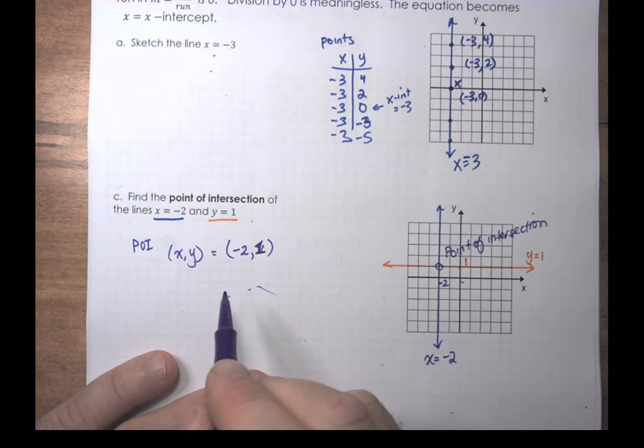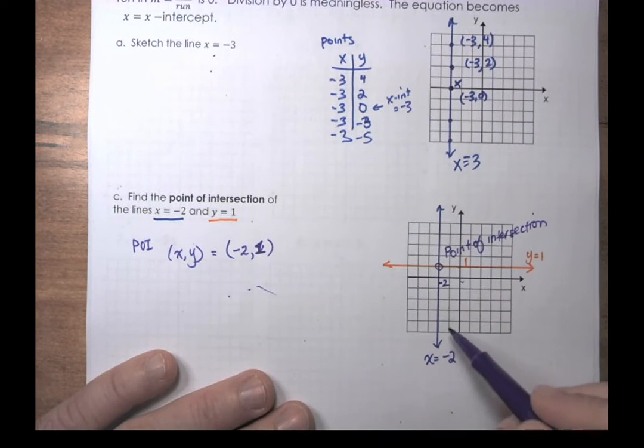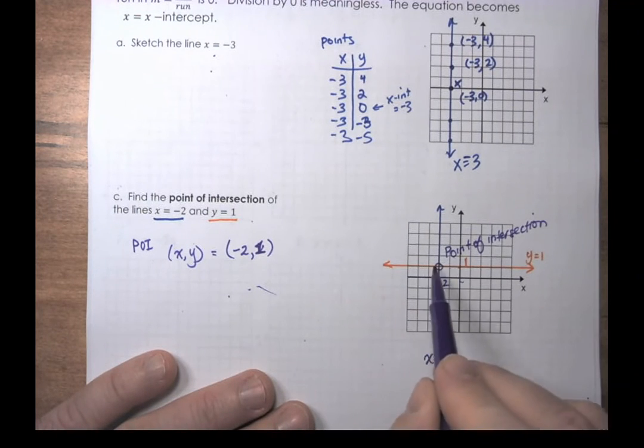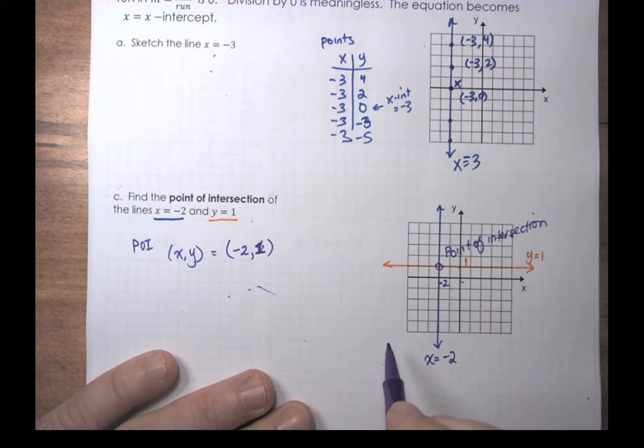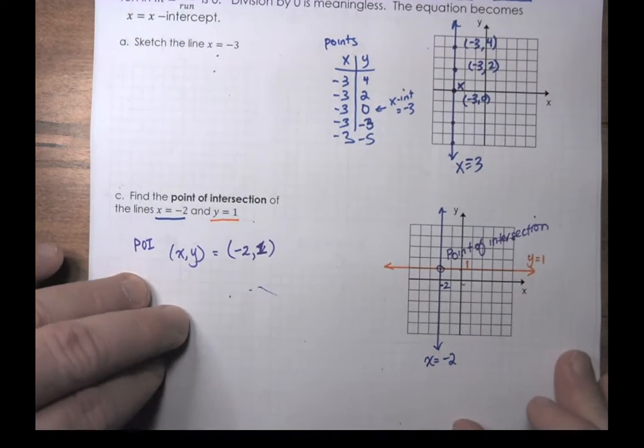Is that coincidence? No, it will work that way all the time. Because this is where x is equal to -2. This is where y equals 1. And where they meet is the location on the grid at -2, 1. So it's kind of interesting that way.